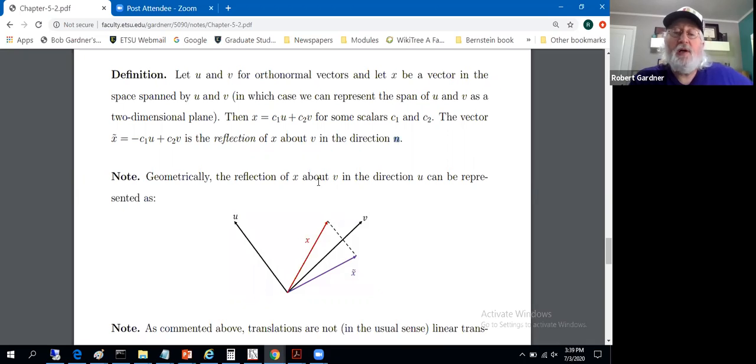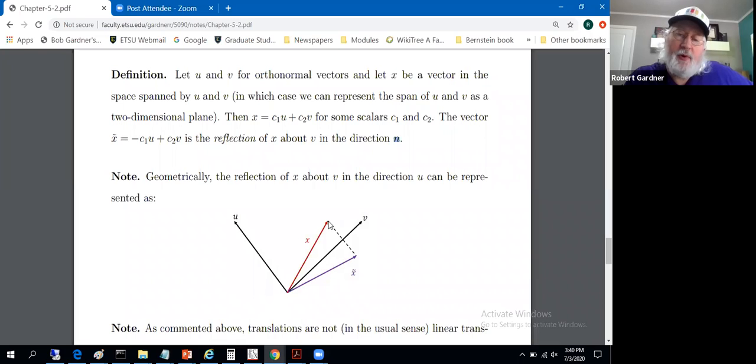The reflection about v in the direction of u in a picture is this. We had x in red as a linear combination of v and u. So we could project back and find out what c sub 1 is in this linear combination representation. It looks like it's about a third of the length of u.